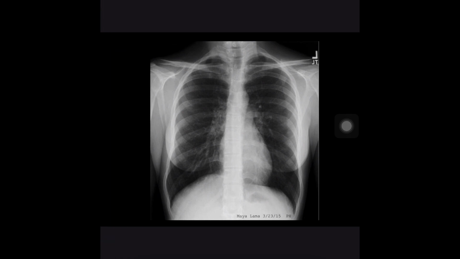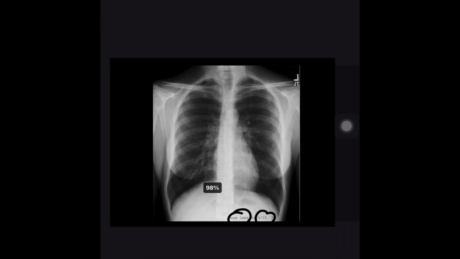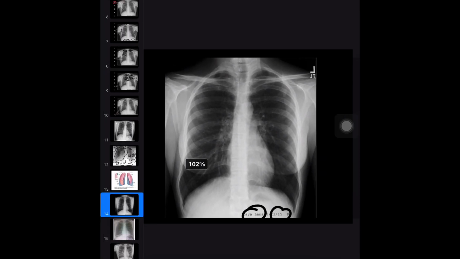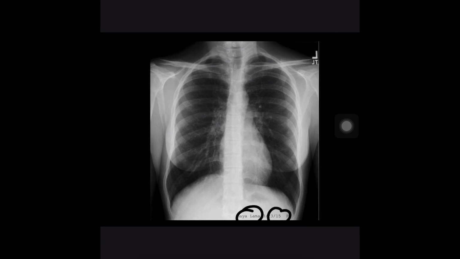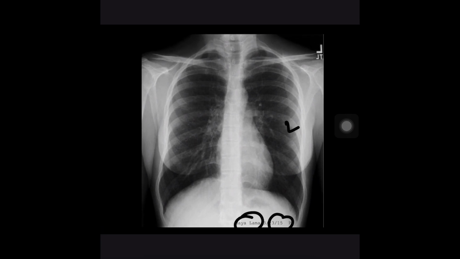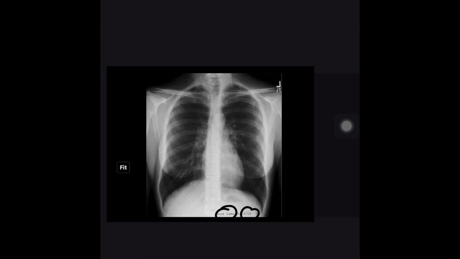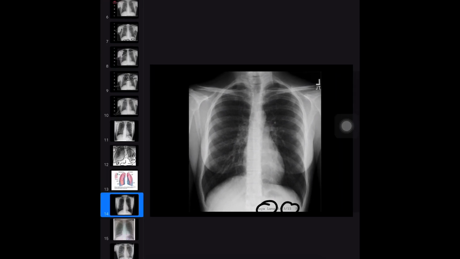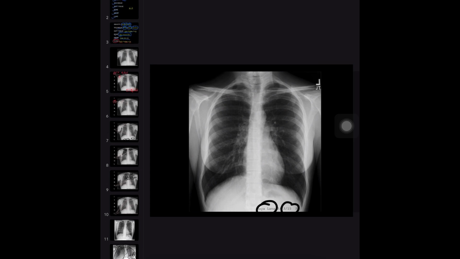Okay, first the identity, name and the date, and the posterior anterior view, and this is the left side. And then after the identity, we have to get to know about the technique, whether it is in the center or not, and then the exposure is okay, and then it is in the inspiration phase.